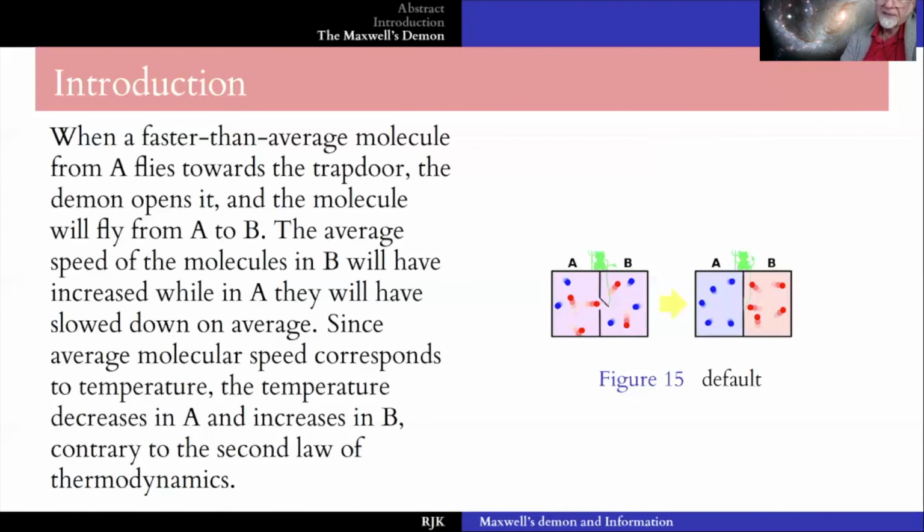If it's coming from the cold one, going in the opposite direction, open it and let it in. But this is something that, according to the second law of thermodynamics, is impossible.